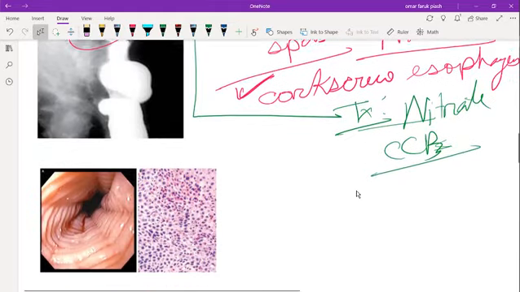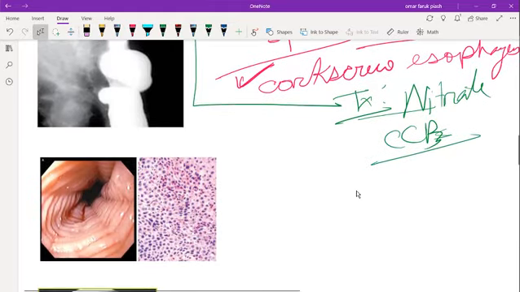Now this is the picture of eosinophilic esophagitis. There are esophageal rings with linear furrows. This is the linear furrow.